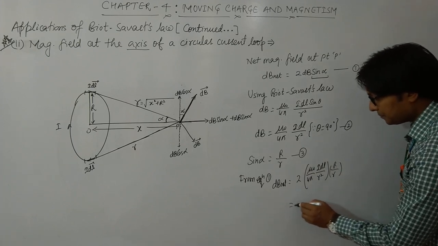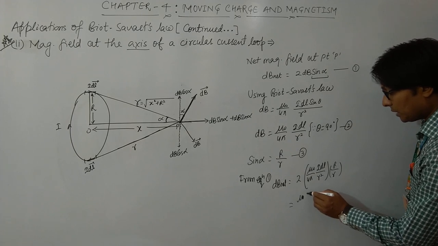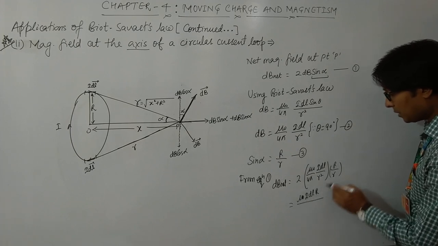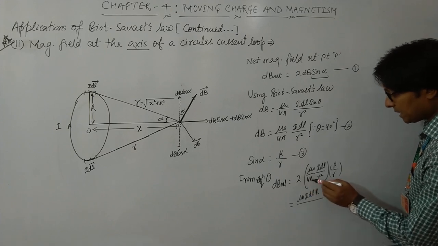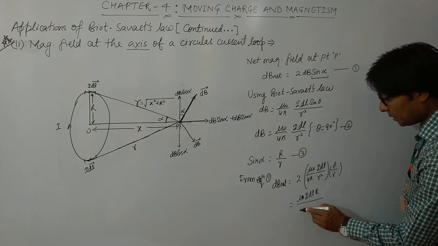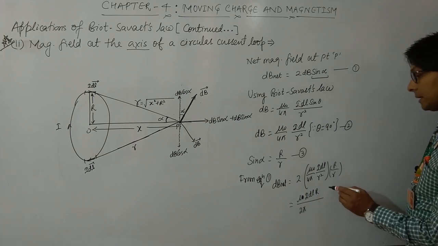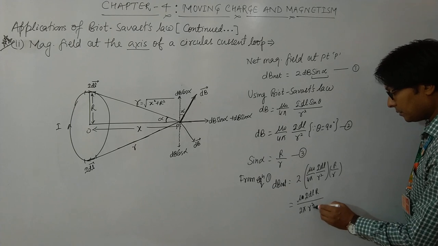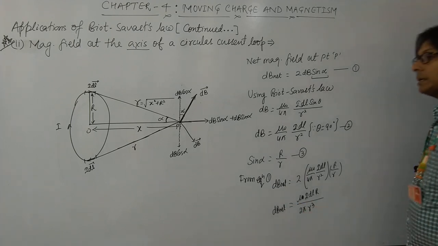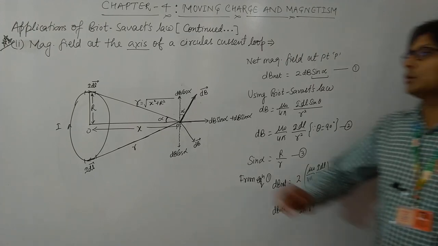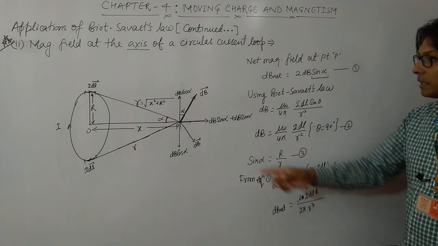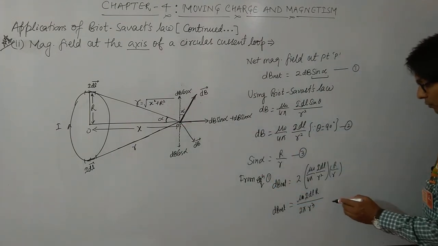Now it will become mu 0 I dl R upon 2 pi r cube, as this 4 will cancel out to become 2. So this is the expression for dB net. This is the magnetic field due to this current element here at point P. So this is, suppose, equation third.